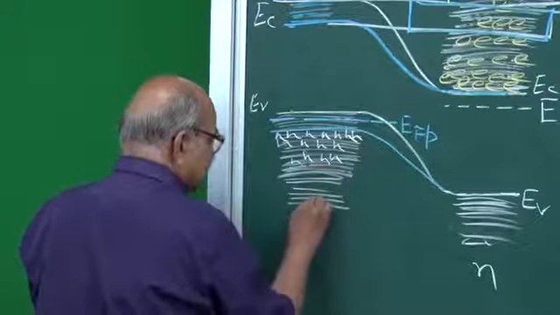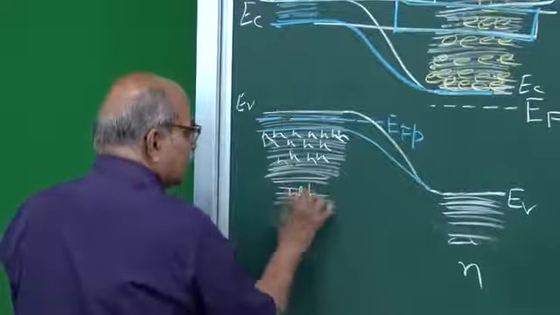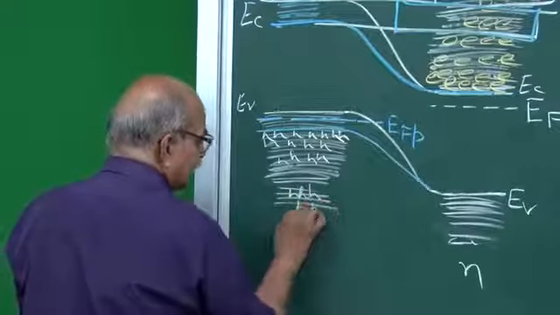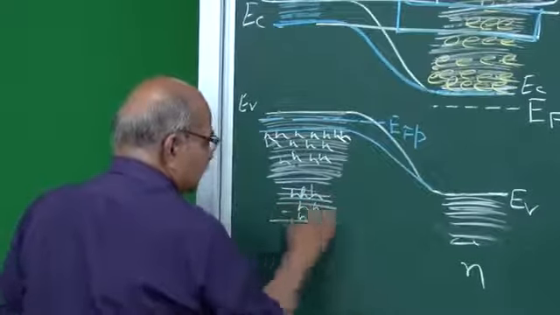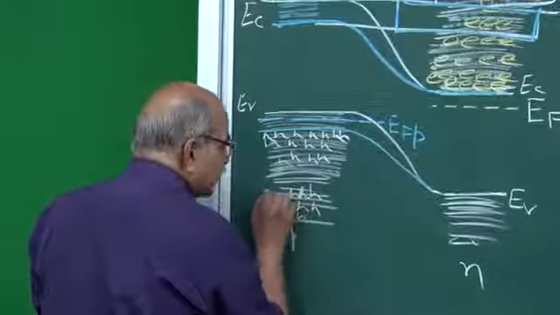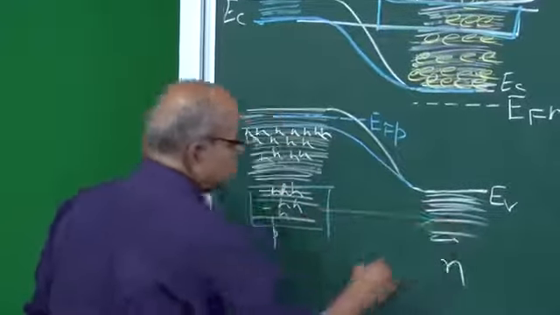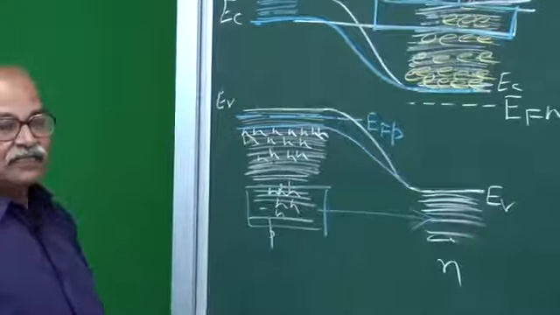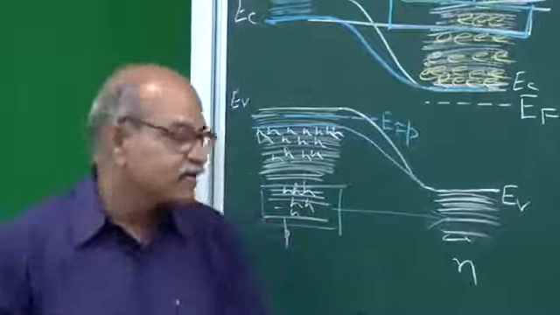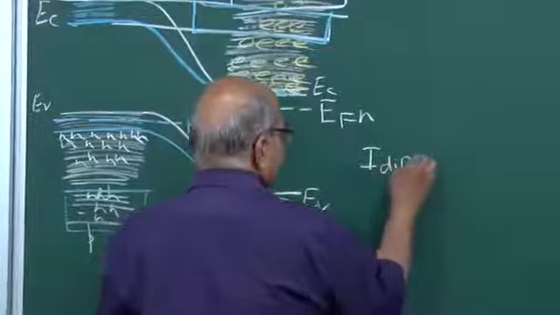So previously if you had one hole here in the picture, now you will have many holes here, and all these things are shifted down. So you have extra holes which can diffuse, which will find quantum states here, and therefore the diffusion current, I diffusion, increases.